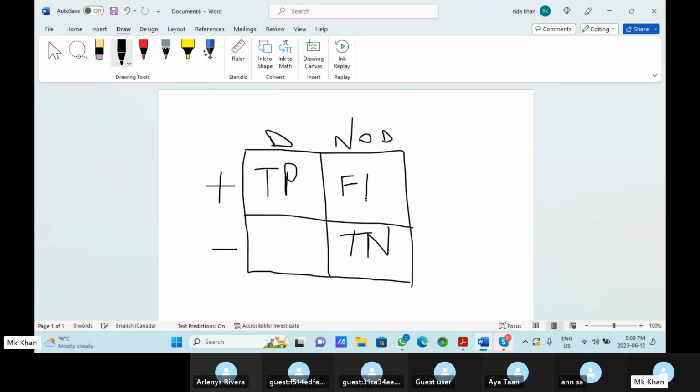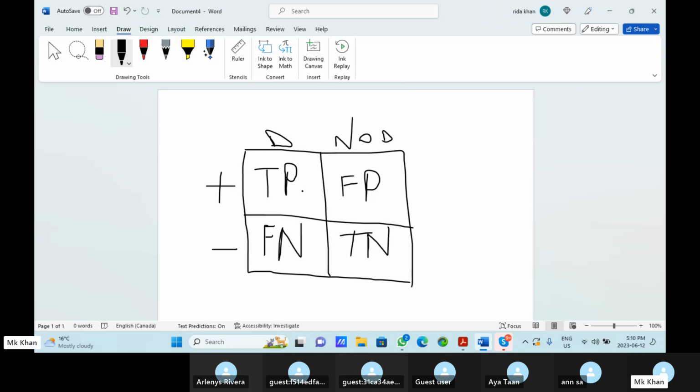What are false positive? These are the people who tested positive but they actually don't have the disease. And here we have the false negative. These are the people who tested negative, but they actually have the disease. That's why they are false negative.